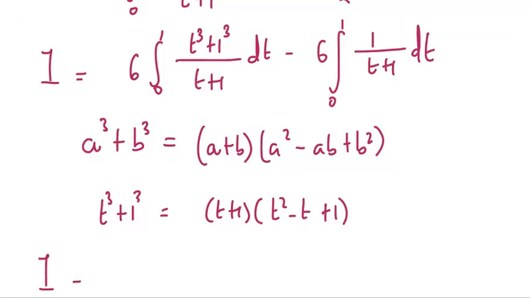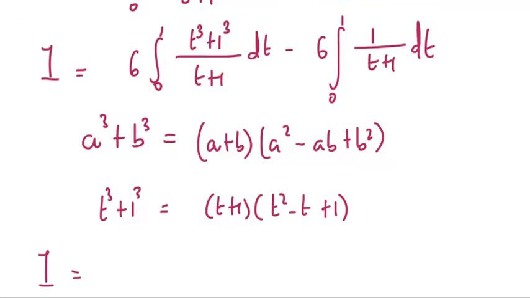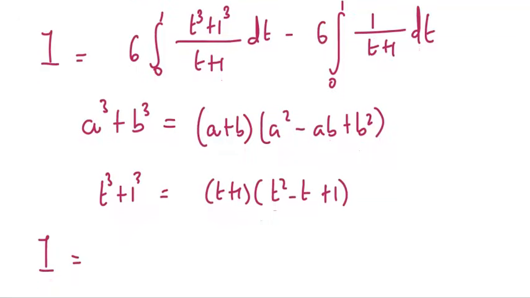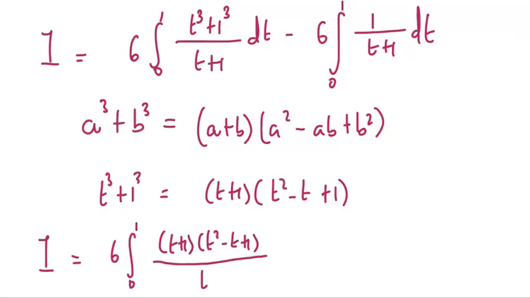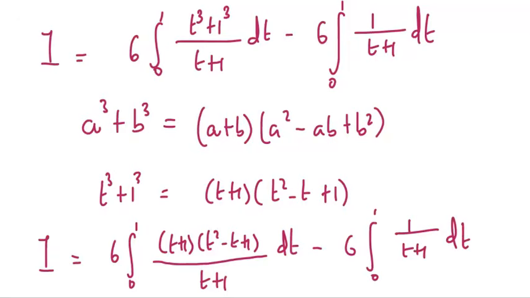Therefore, our I is going to be equal to 6 multiplied by the integral from 0 to 1 of t plus 1 multiplied by t squared minus t plus 1, divided by t plus 1 dt, minus 6 integral from 0 to 1 of 1 divided by t plus 1 dt.